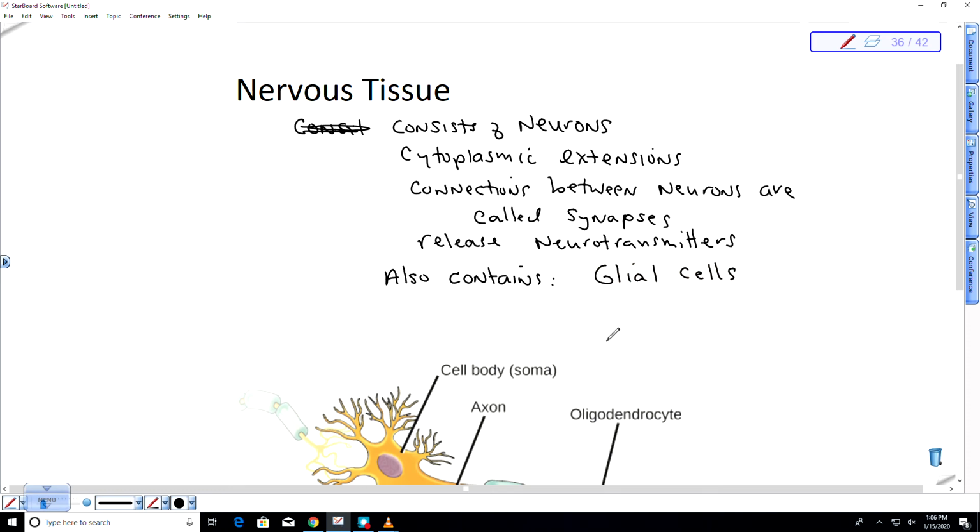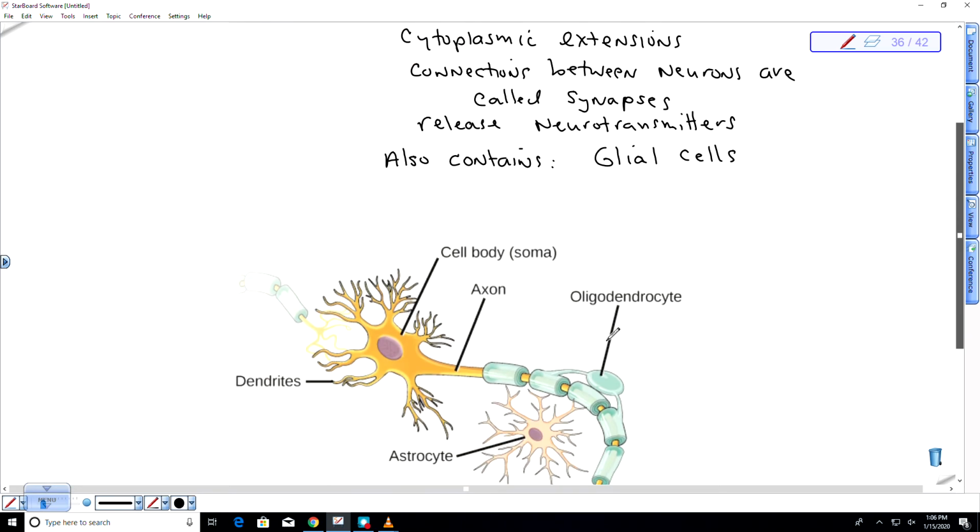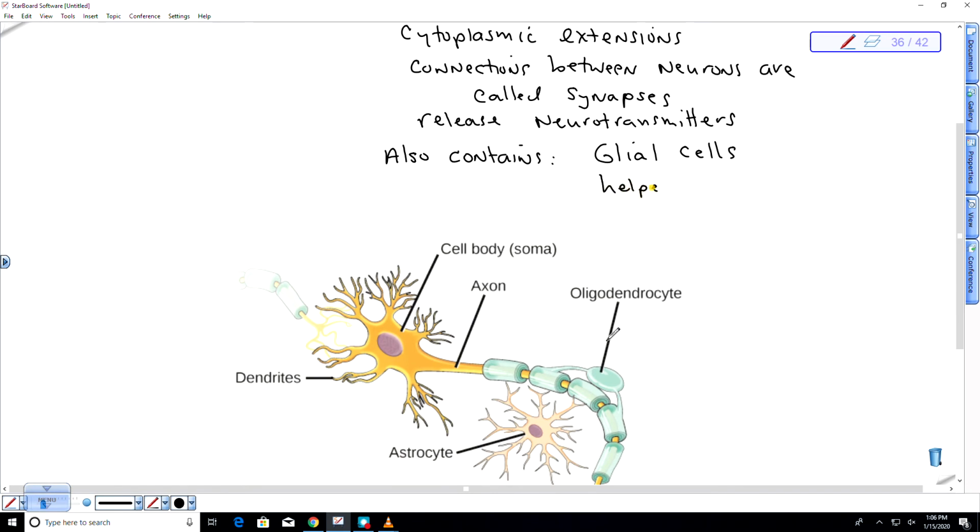And these glial cells might actually have a really super important function, and they might be the key to things like Alzheimer's, or maybe even the key to diabetes, for example. These glial cells are helper cells, and they actually outnumber the neurons in some places by 10 to 1. So for every one neuron, there's like 10 glial cells in the tissue. And so they're showing this as an example would be the astrocyte.